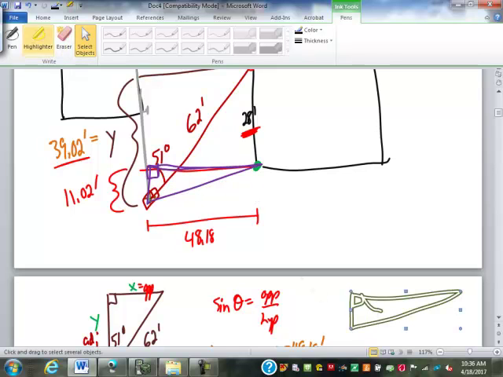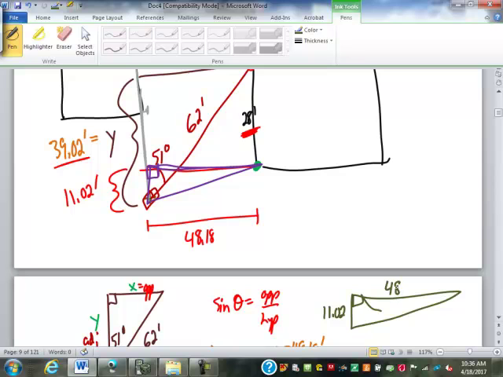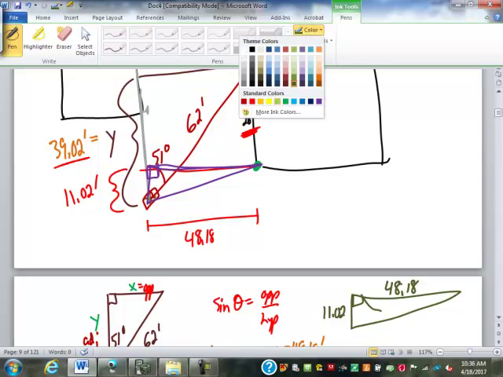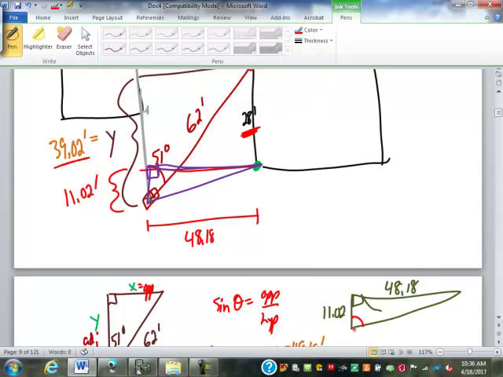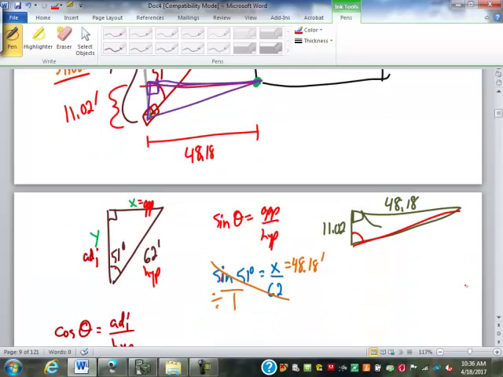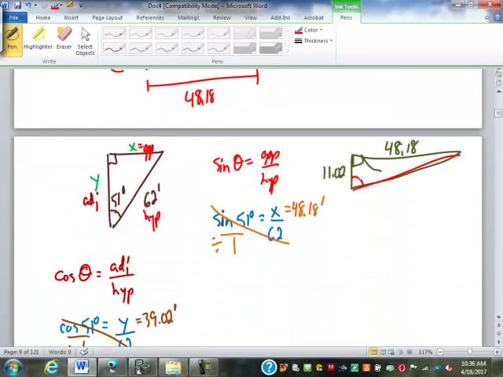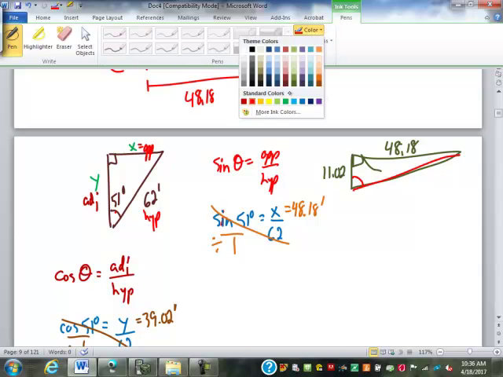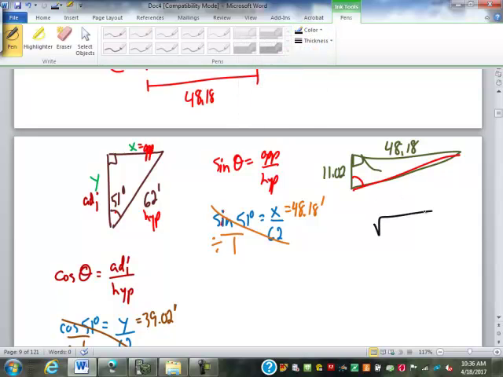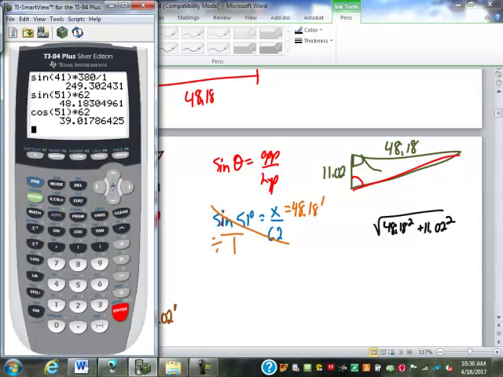That triangle has sides 11.02 and 48.18. I want to know this angle and that side. This side's going to be really easy. It's the square root of 48.18 squared plus 11.02 squared, correct?